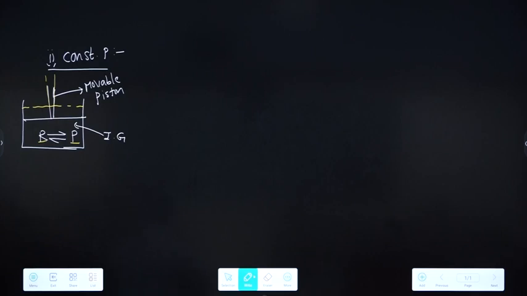So number of moles of reactants and products per unit volume decreases.